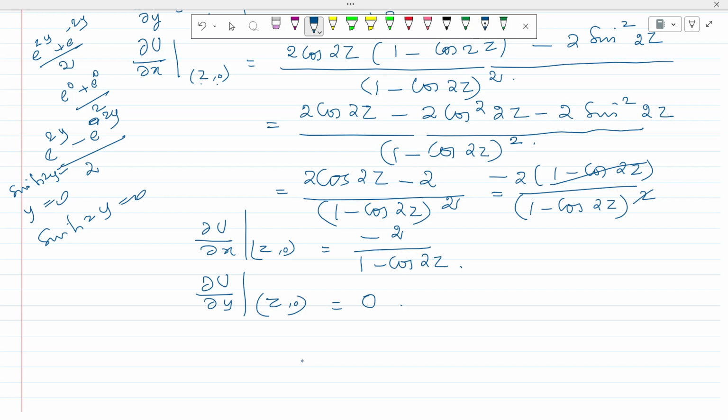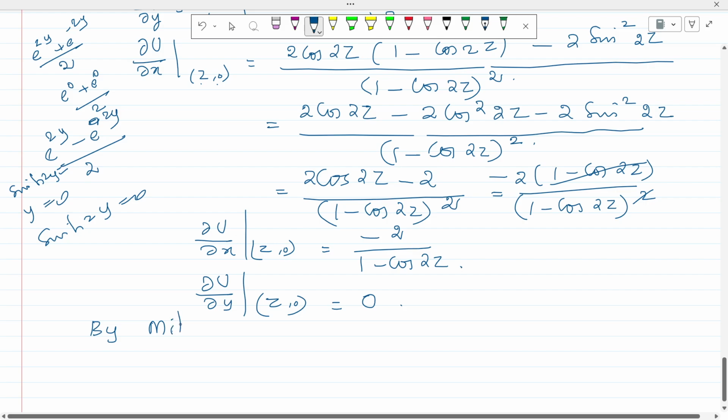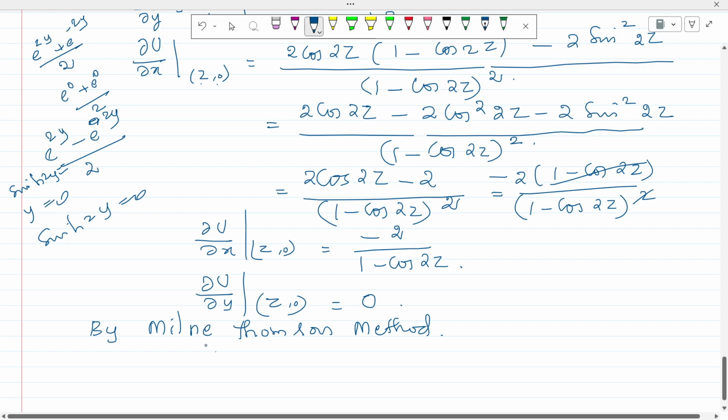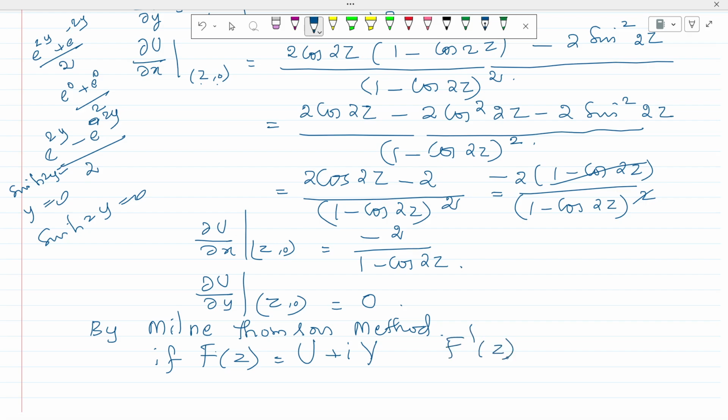Therefore, by the Milne-Thomson method, if the real part is given, in case f of z equal to u plus iv, then f dash of z equals ux of (z, 0) minus i into uy of (z, 0).